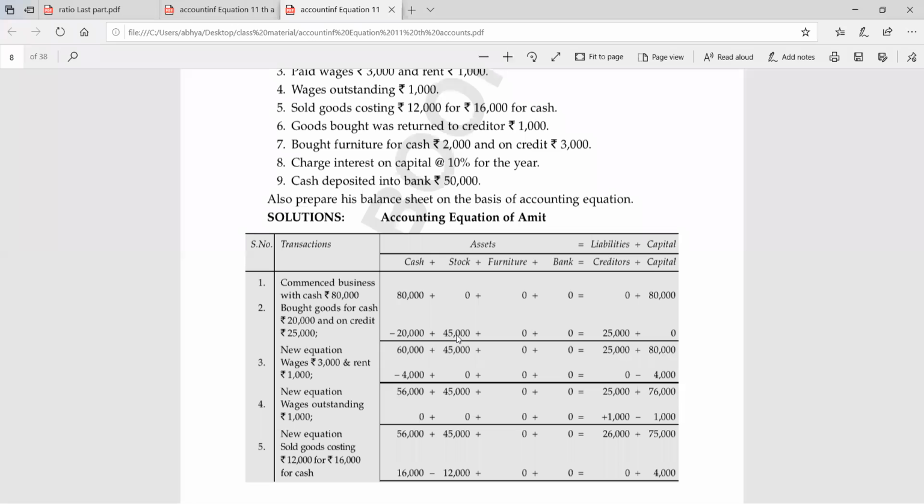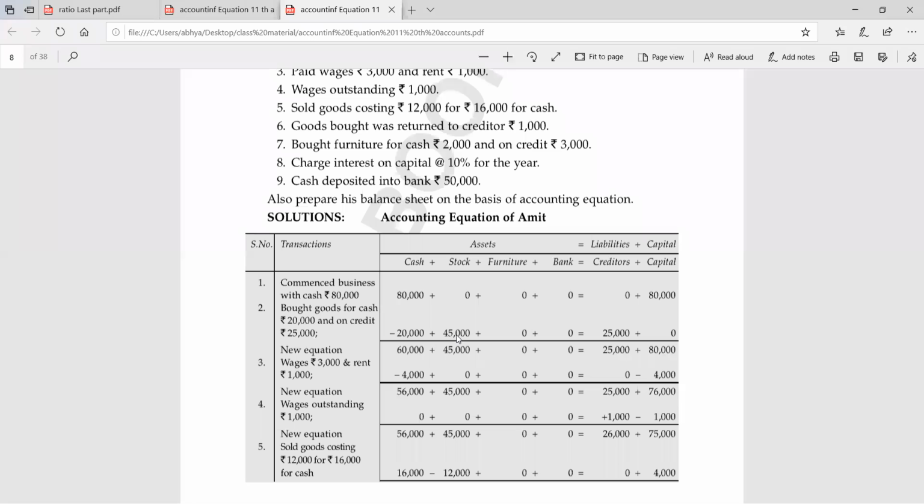The total amount of the goods you have to add in stock whenever you are making purchases, and the total amount of the goods whenever you are selling, you have to deduct from stock, because by the sales your stock will decrease and by the purchase your stock will increase, whether it is on cash or on credit. Okay, Harshita, am I correct? Yes, Harshita, is that clear?